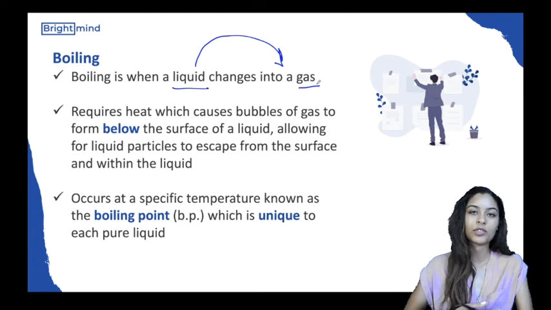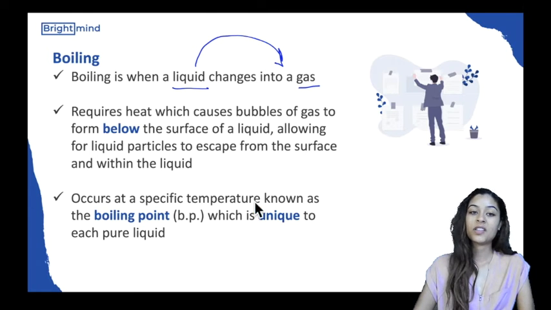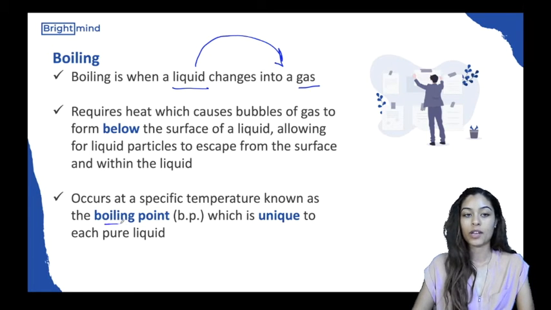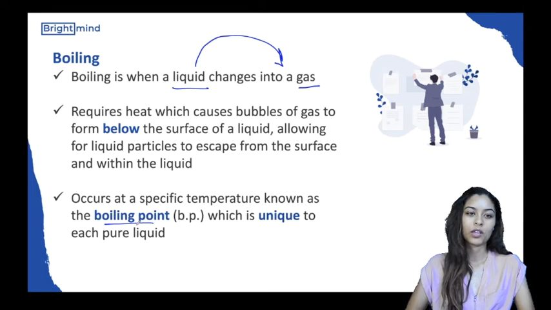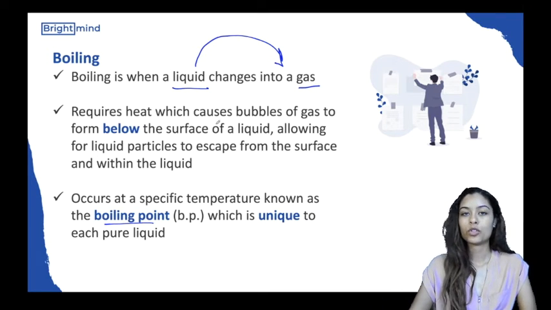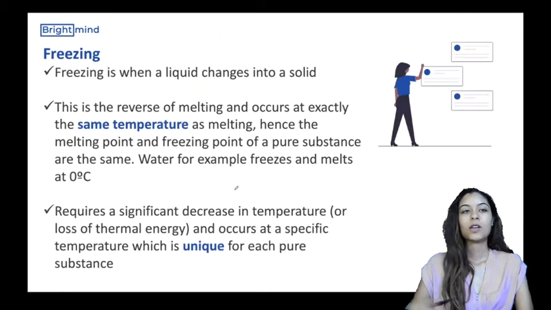So it is this process which we call boiling, and it occurs at a specific temperature which is known as boiling point, and it is unique to each pure liquid. Let's think of water. So we know water is a pure liquid, and the boiling point for water is 100 degrees Celsius. So this is just one example.